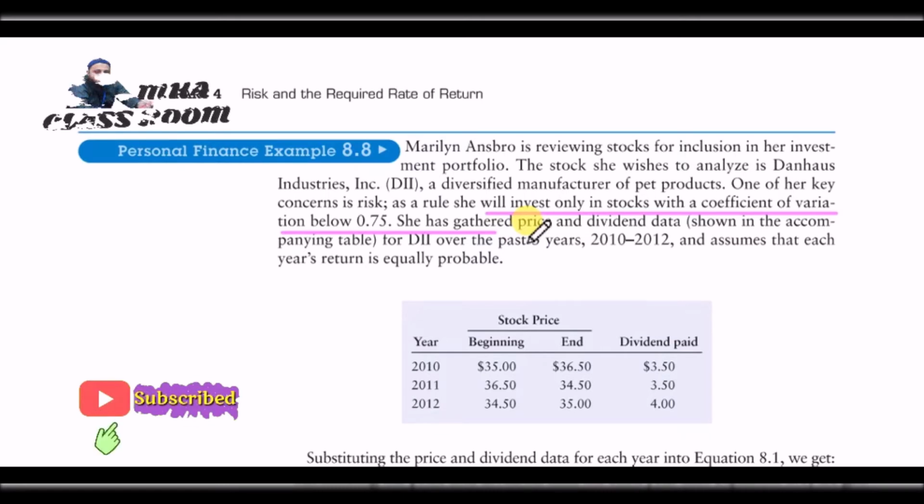She has gathered price and dividend data for Danhaus Industries over the past 3 years, 2010 to 2012, and assume that each year's return is equally probable. Here we have the beginning stock price, the ending stock price, and the dividend.